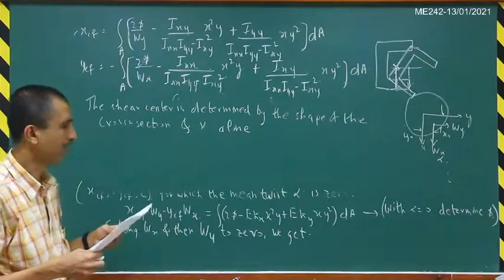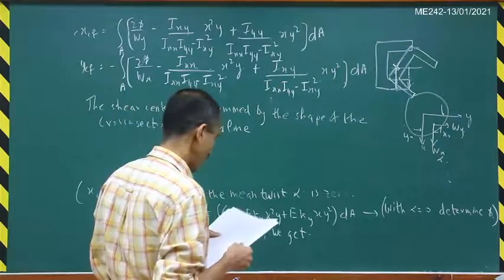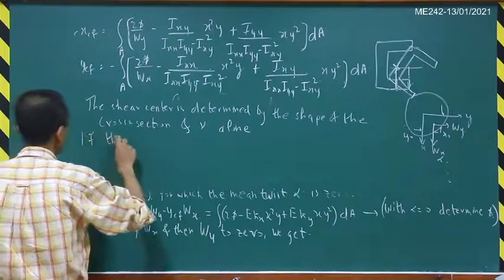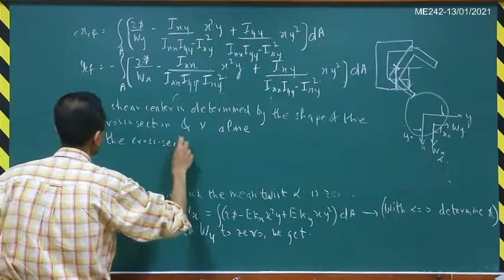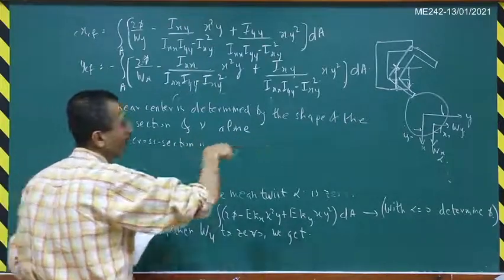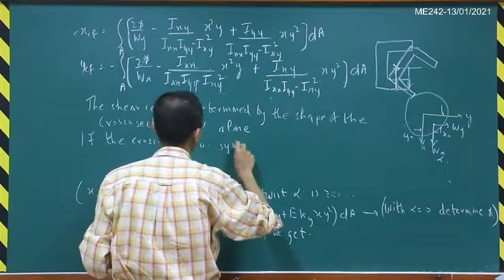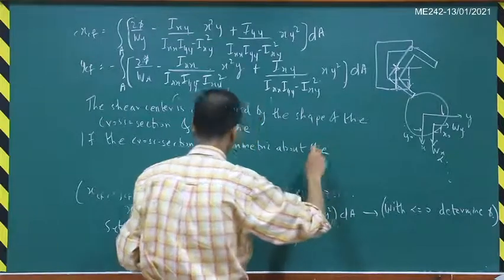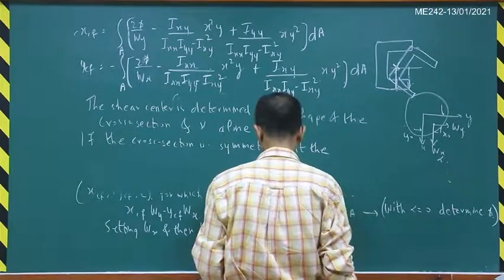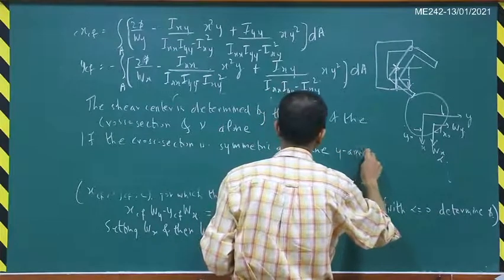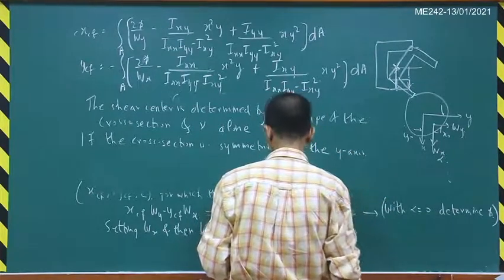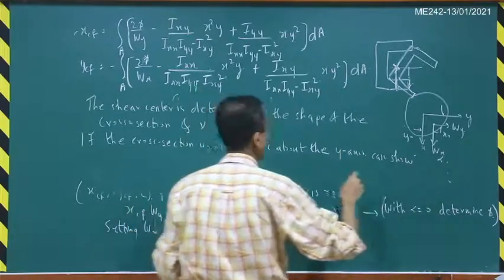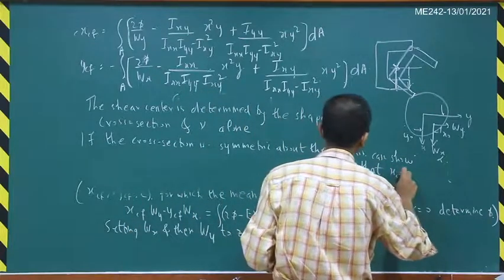So if the cross section is symmetric about the y-axis, then we can show that XCF is equal to 0.